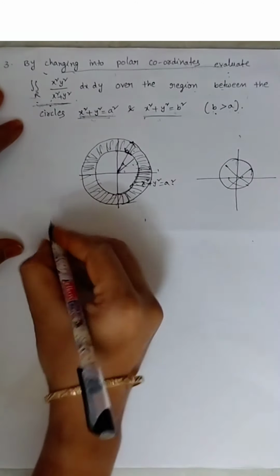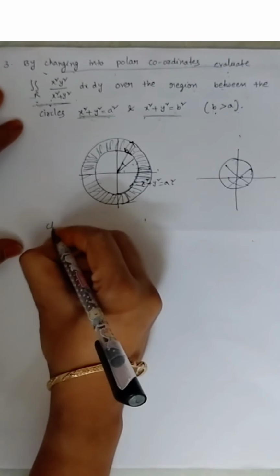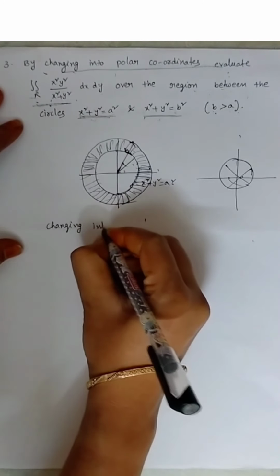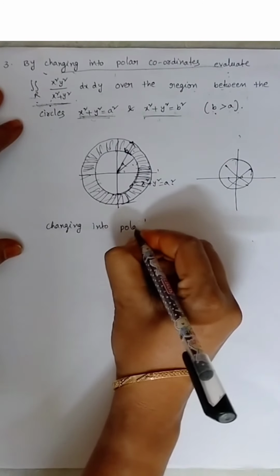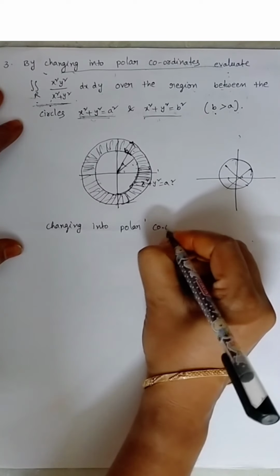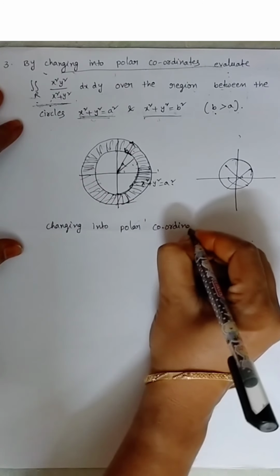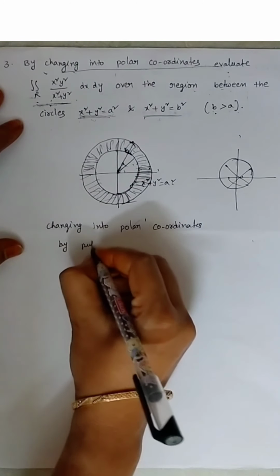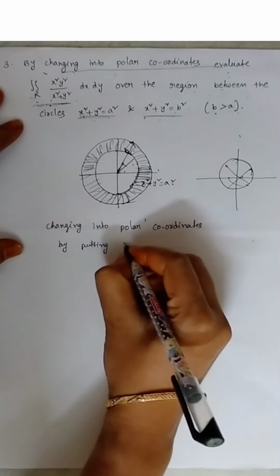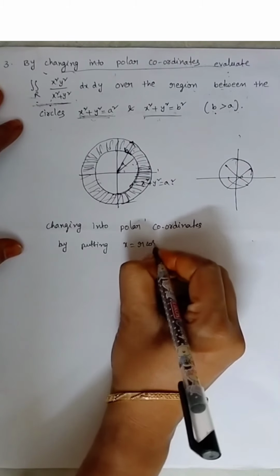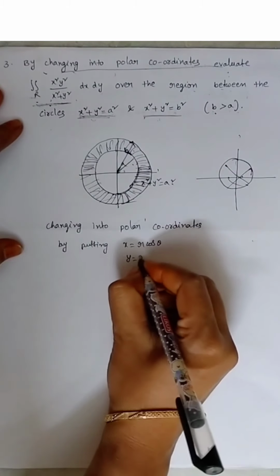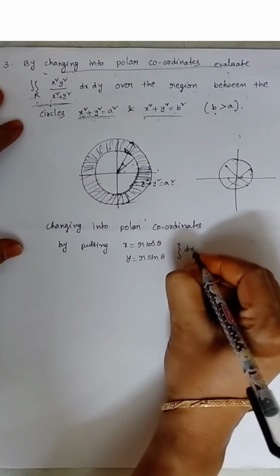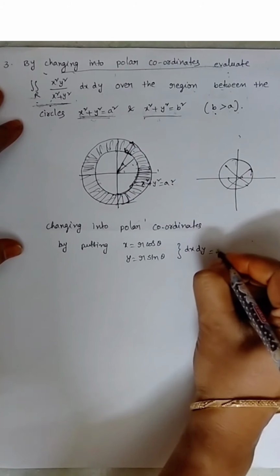So now, changing into polar coordinates, by putting x equals r cos theta and y equals r sin theta, and dx dy equals r dr d theta.